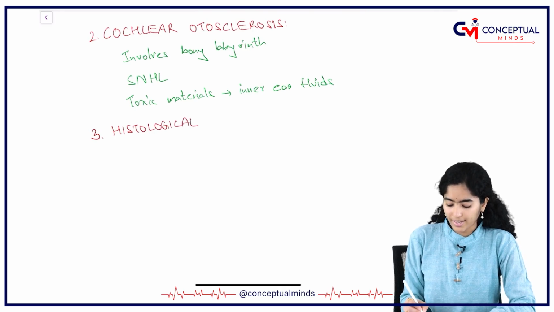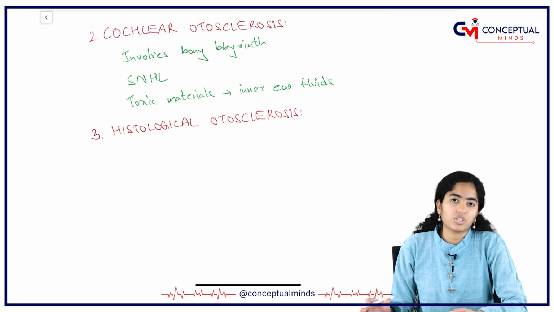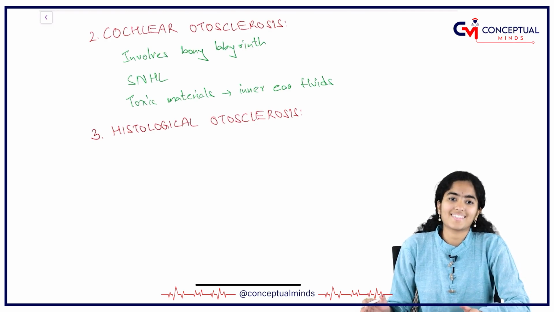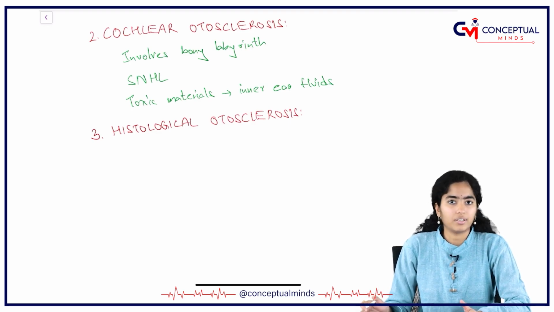After stapedial and cochlear otosclerosis, we have histological otosclerosis. What is that? Here, only histological changes are observed. How do we diagnose the disease? When histology is done. Otherwise, the patient remains asymptomatic. There is neither conductive nor sensory neural type of hearing loss.